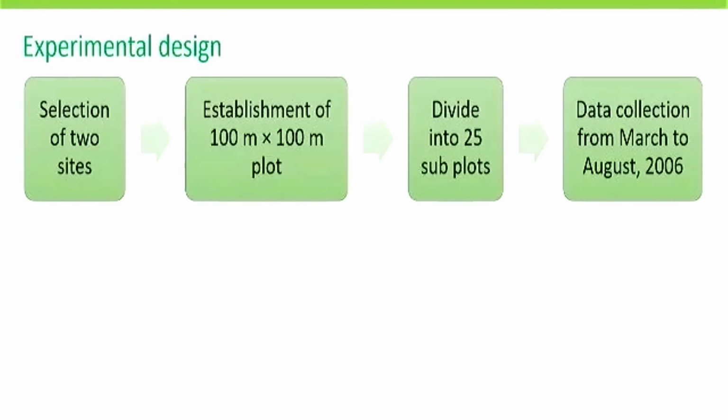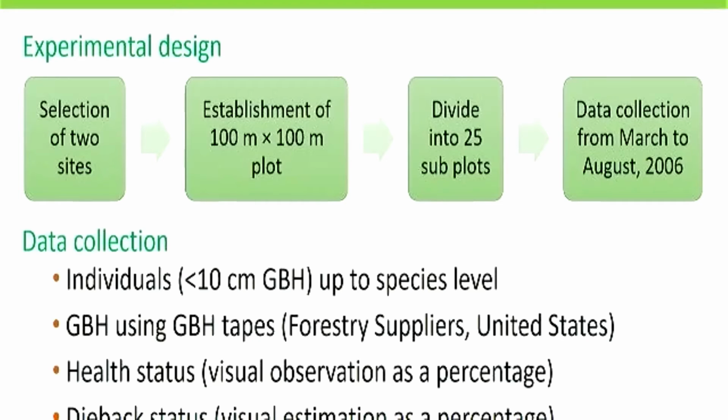In the experimental design, we selected these two sites according to their forest dieback percentage. Then a 100 meter by 100 meter plot was established in each site, and it was divided into 25 subplots for data collection. Individuals with a GBH above 10 centimeters were identified up to species level and data was collected on their GBH, health status and dieback status.